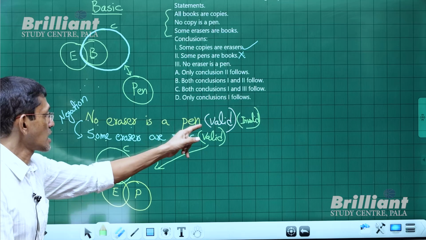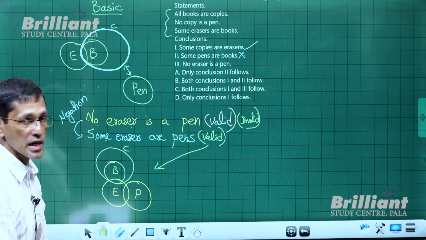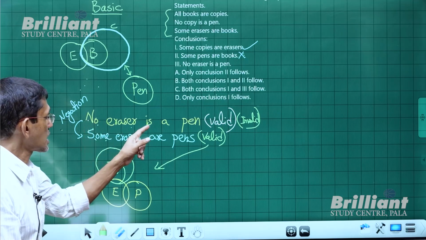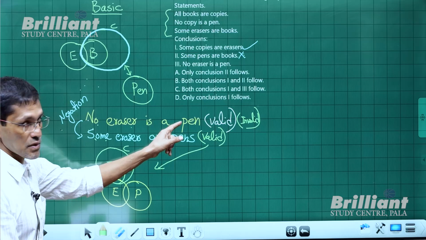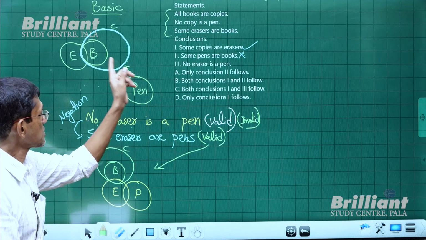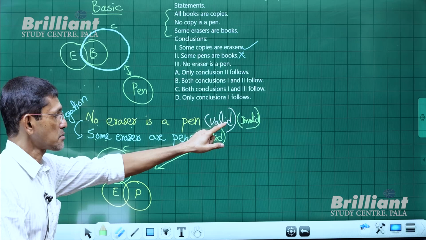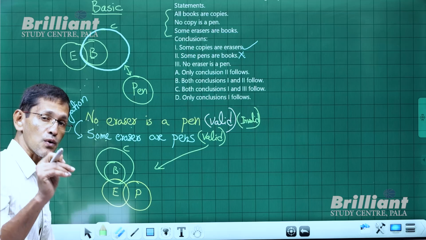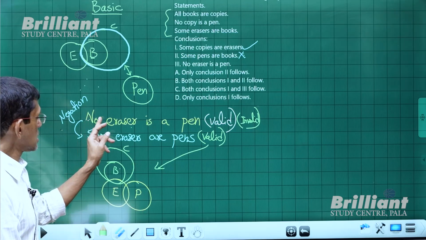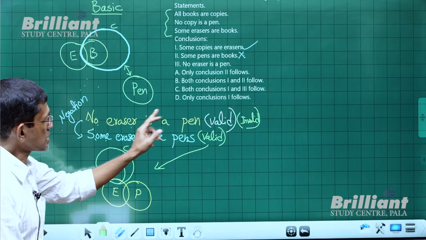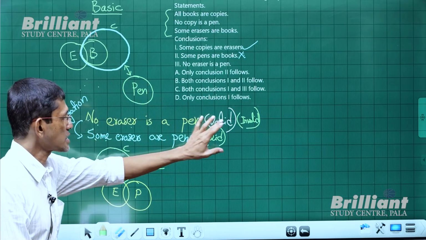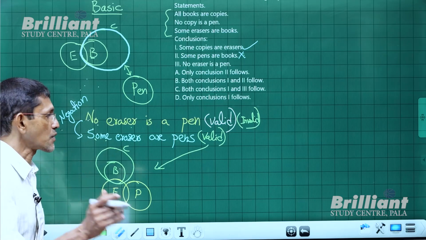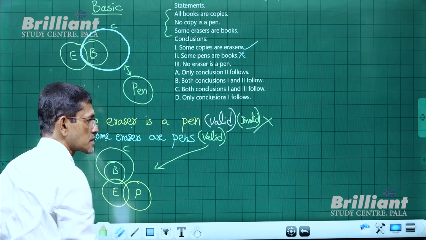Here, the original conclusion is valid for the basic diagram, however, it is invalid for the new diagram. So that means it doesn't follow. Ultimately, the answer is what? It doesn't follow.